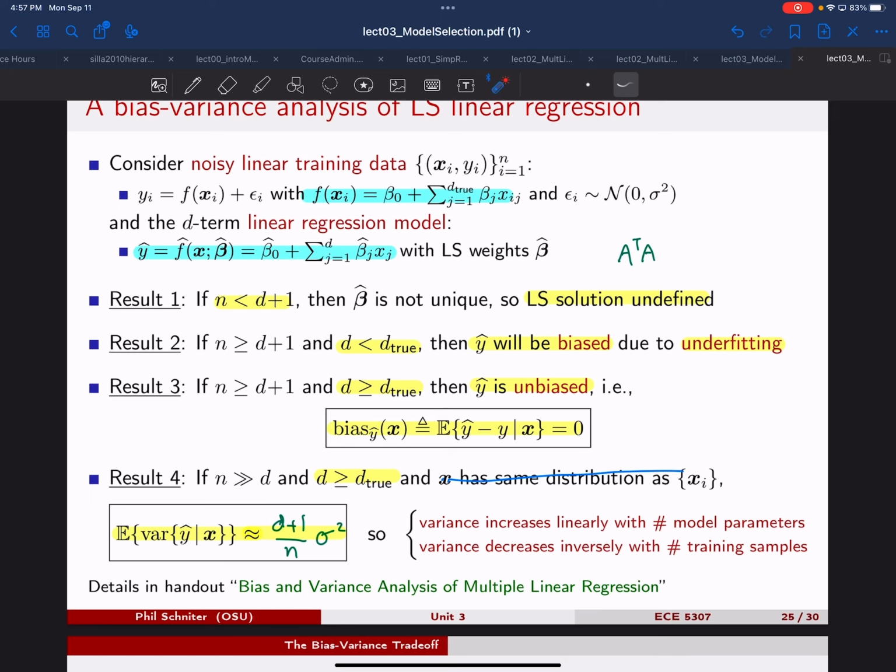Question? Does this hold even if the noise is in the Gaussian distribution? I have to look at the derivation. Yeah, I can't remember. I think I might have used that at one point in the derivation, just for one step.